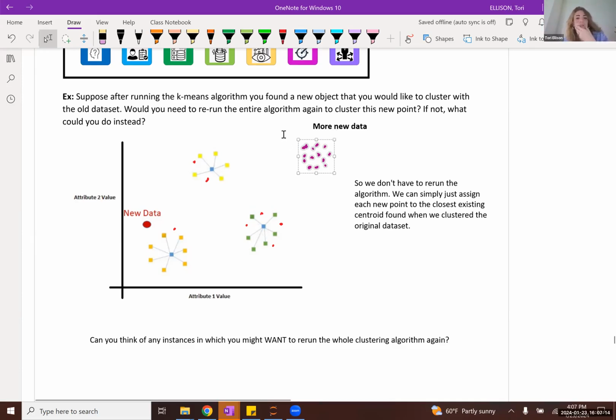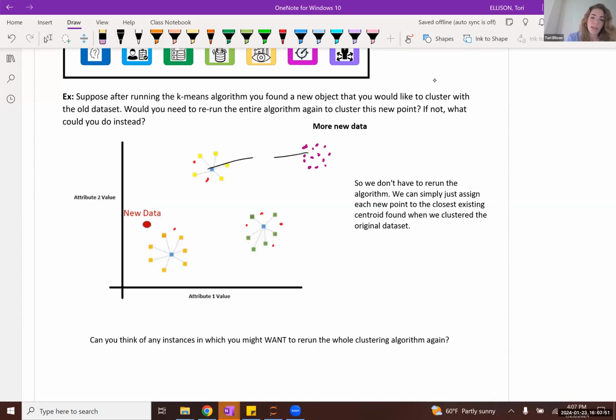The new data may in fact be more representative of this much larger population. In essence, it's possible that new inherent clusters from the full data set, the larger population, might start to manifest. If new observations represented this potentially distinct cluster that we hadn't identified, then unfortunately, by not rerunning the whole algorithm, each of these observations is going to be split into the existing centroids and clusters that we had already identified.